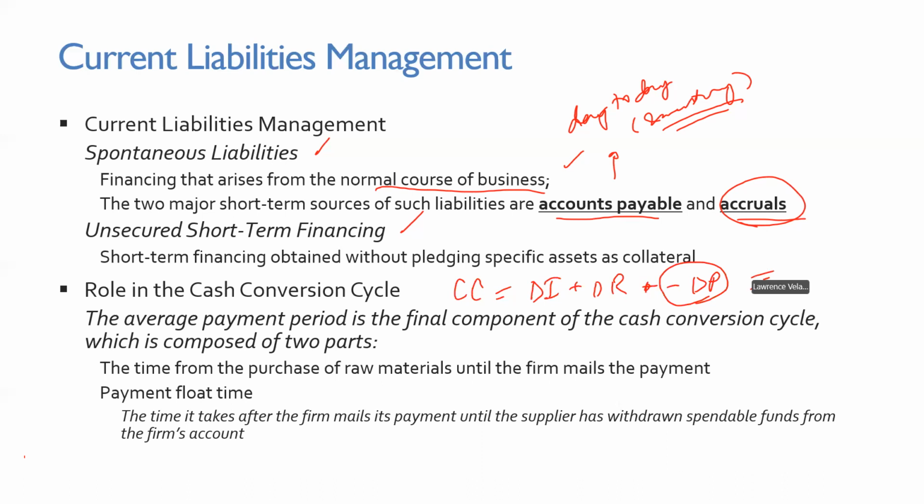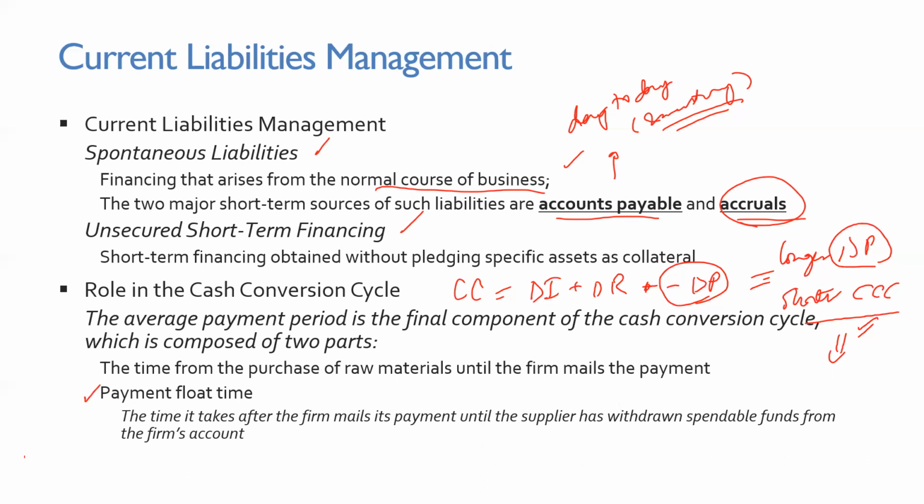The longer the days payable is, the shorter the cash conversion cycle. So if you pay longer, it shortens the cash conversion cycle, which is more desirable from the point of view of the company.